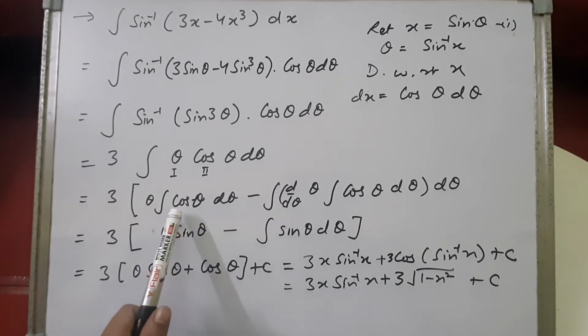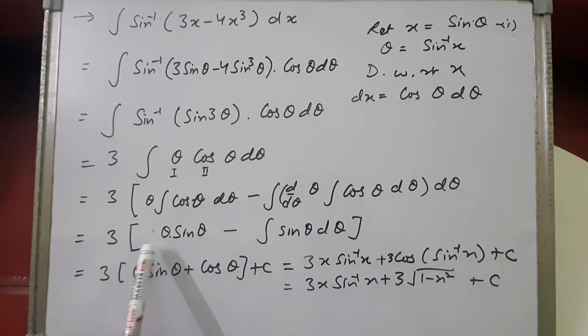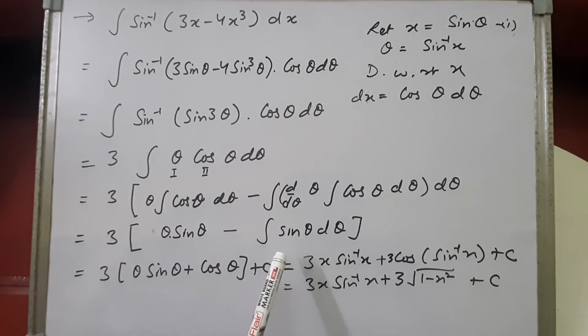We know that the integration of cos theta is sine theta. So this will become 3 times (theta sine theta minus integration of 1 times sine theta). If we differentiate theta with respect to theta, we'll get 1, and integration of cos theta is sine theta. And when we integrate sine theta, we'll get minus cos theta. So the result that we'll get is 3 times (theta sine theta plus cos theta) plus c.